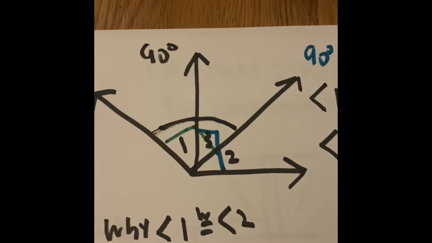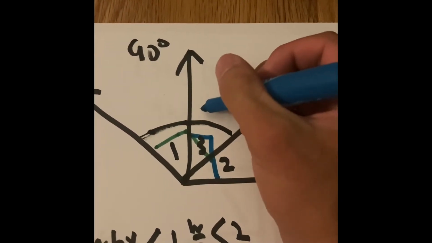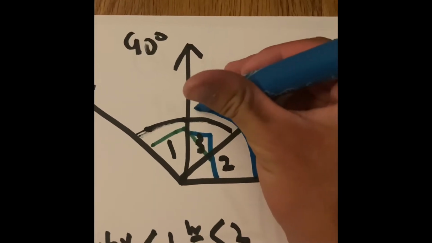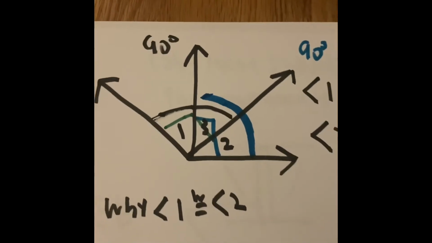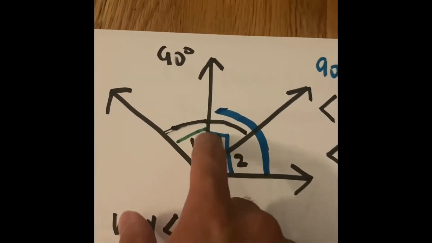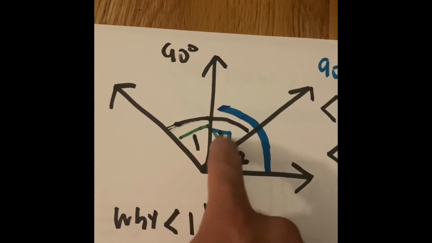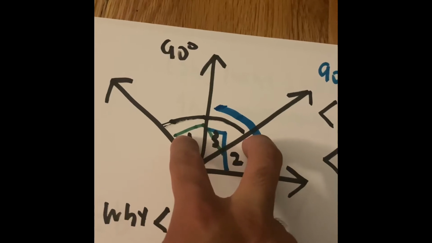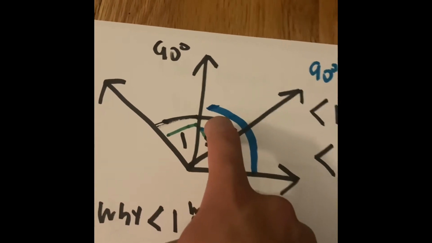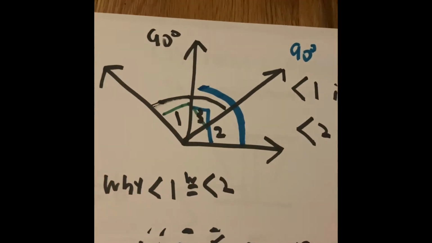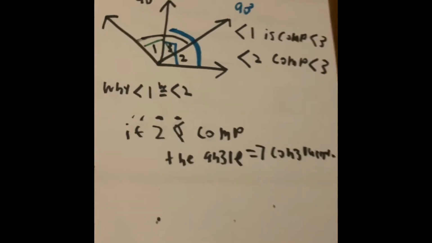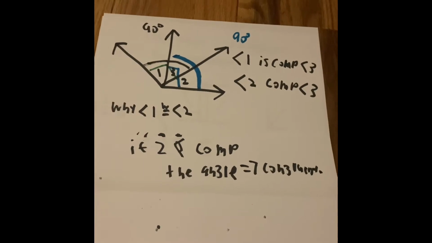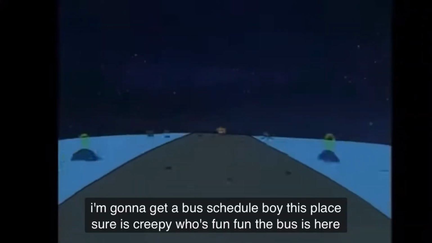So we can clearly state that angle 1 and angle 2 are congruent because they use angle 3 as a complementary angle. These two are using angle 3 to make 90-degree angles. That's why if two angles are complementary to the same angle, then they are congruent.